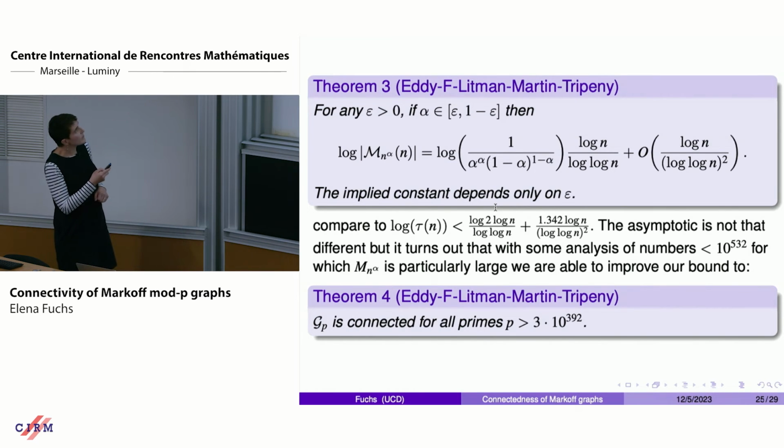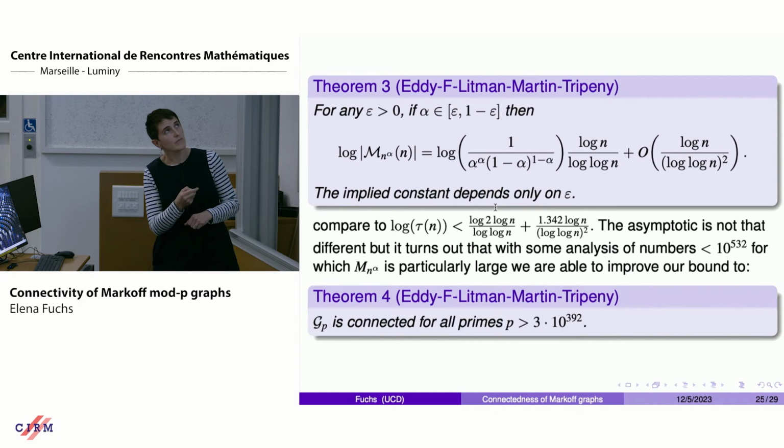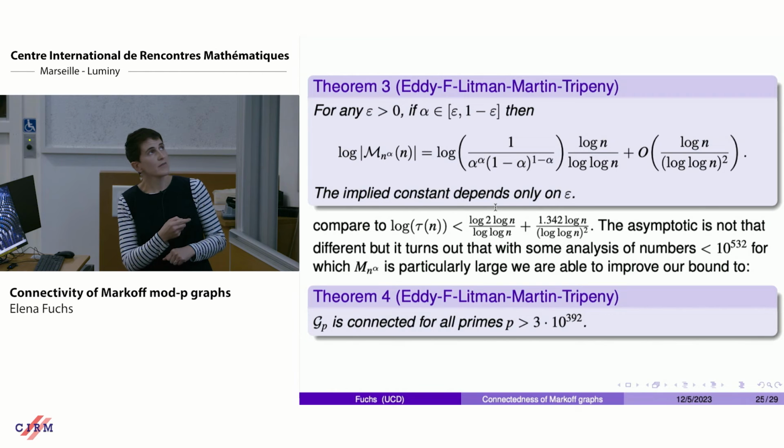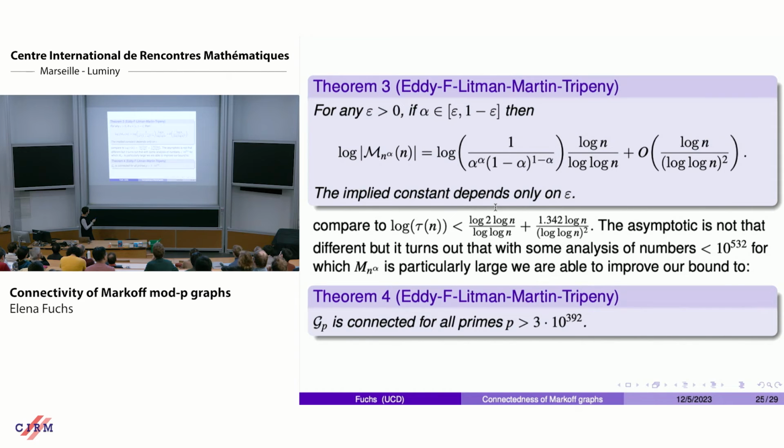So I'll say first, what do we know about these maximal divisors? We have this theorem here, which is for any epsilon greater than 0, if you have alpha in this interval, you get this about M_alpha of n. If you compare this to this right here, which is this bound of Nicolas, it isn't that different.